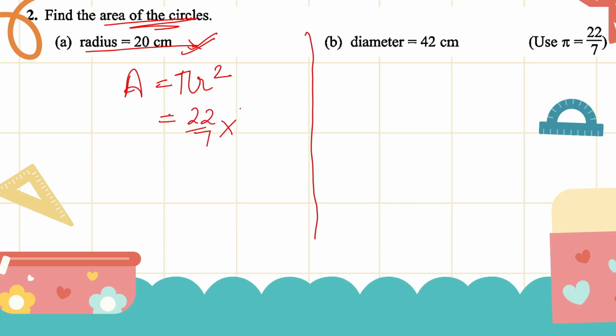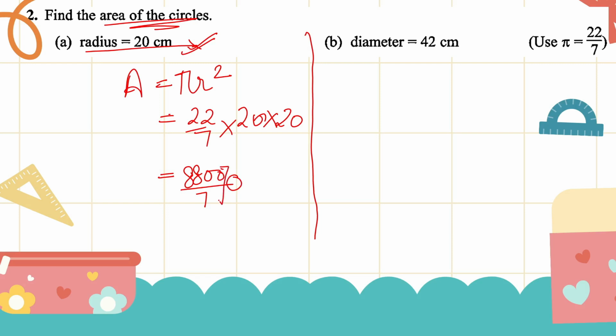Now square means we have to write the value 2 times. Here it is not possible to cut on the table of 7, so we multiply the upper numbers, that is 8800, and divide by 7.